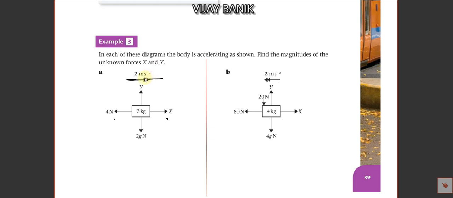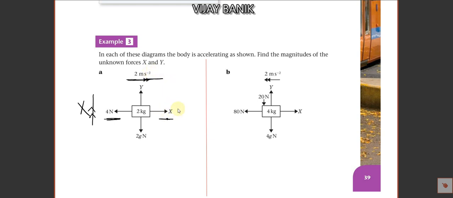This body is accelerating, which means there is a resultant force. Can you see it is accelerating in the horizontal direction? That means the vertical direction is balanced, because there is no acceleration given in the vertical direction. So the vertical forces are in equilibrium, but the horizontal forces are not.